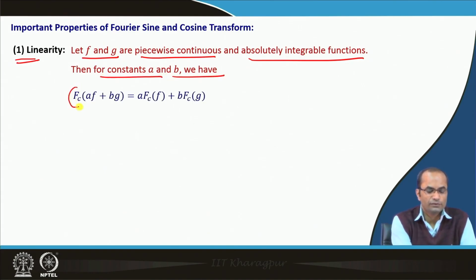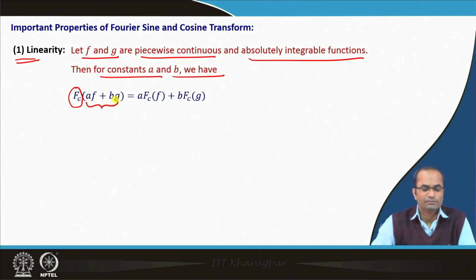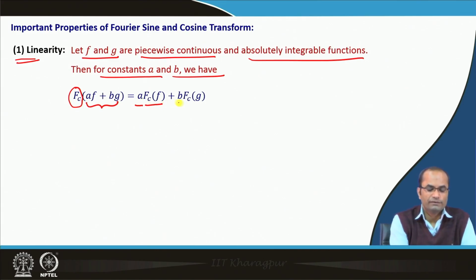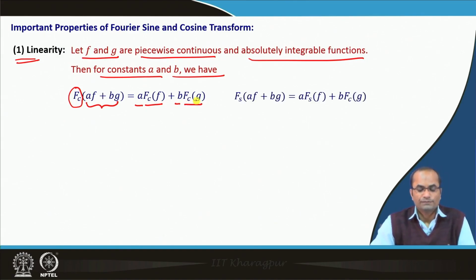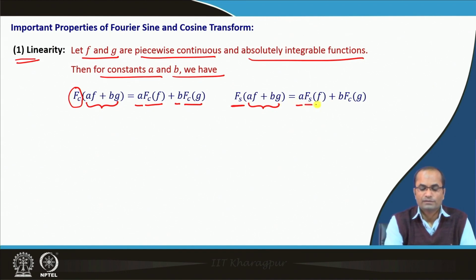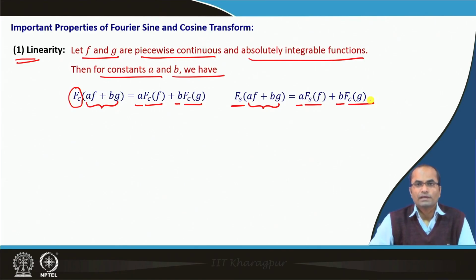If we apply the Fourier cosine transform on this linear combination a f plus b g, that will be equal to a times the Fourier cosine transform of f plus b times the Fourier cosine transform of g. Similarly, for the Fourier sine transform, if we apply it on a f plus b g, the result will be equal to a times the Fourier sine transform of f plus b times the Fourier sine transform of g.